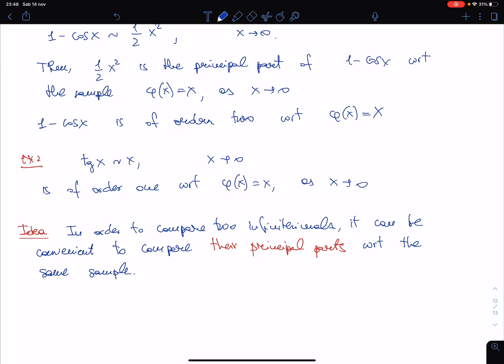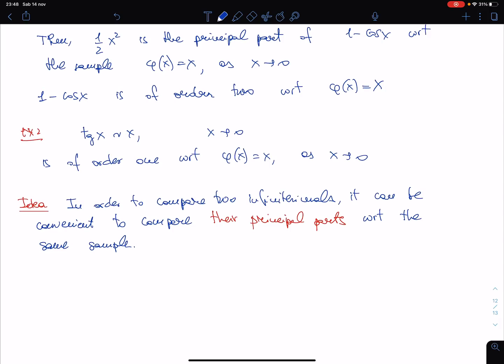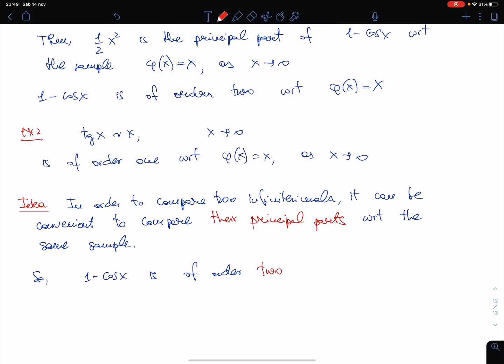And okay, this is very important. So to complete the example, we can say that 1 minus cosine of x is of order 2 with respect to x as x goes to 0.